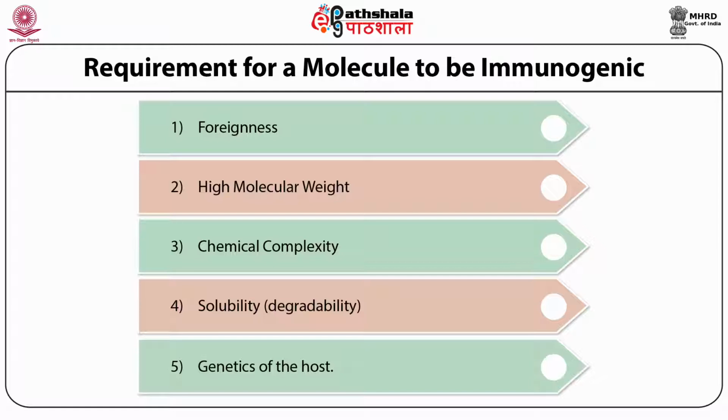The genetics of the host is very important from a vaccine point of view. The reason is that each individual is born with a certain HLA molecule. I already told you, when the protein is undergoing degradation inside the phagocytic cell, it generates various peptides, and these peptides are taken by the individual HLA molecule and finally presented to the B cell or T cell.